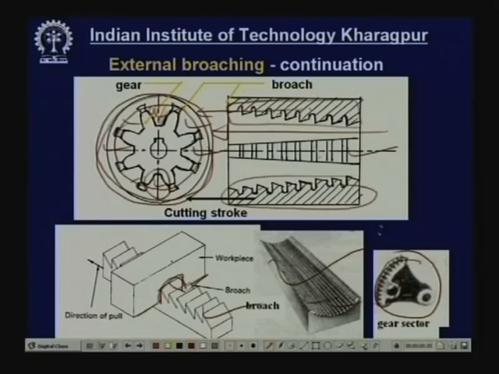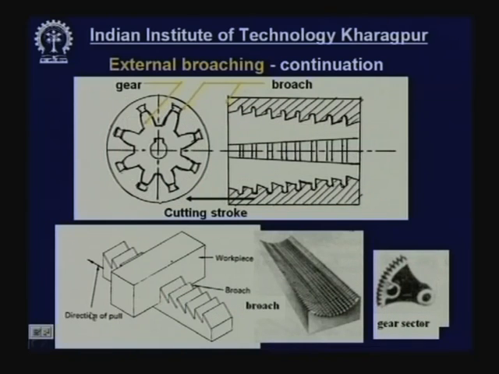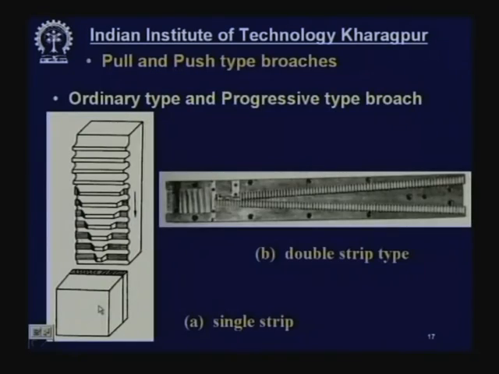It is important to note that broaches are really form tools most of the time, because the form of the tool will produce the profile of the job. So, the profile of the job will be totally dependent on the form of the tool, and any defect or damage in the tool will be reflected on the quality or accuracy of the profile of the job. That is a disadvantage, the limitations you can say.